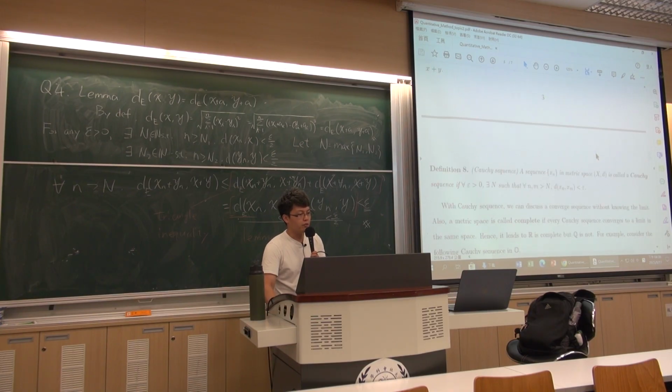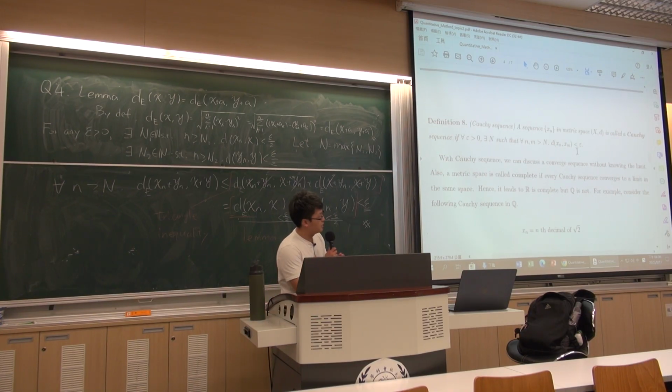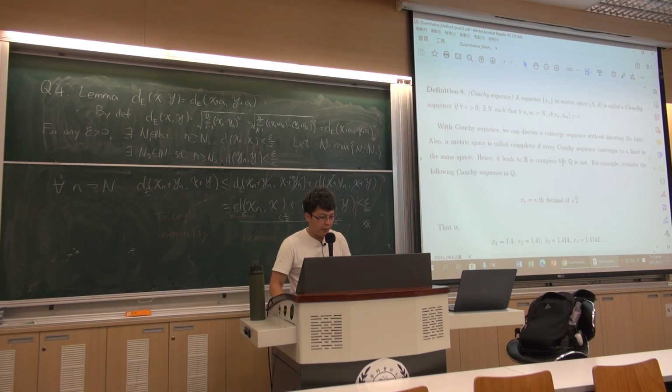But when we define the Cauchy sequence, we don't need to know where it converges in advance. So that gives us some convenience when we deal with some more complicated problems. Yeah, so that's what I put here.